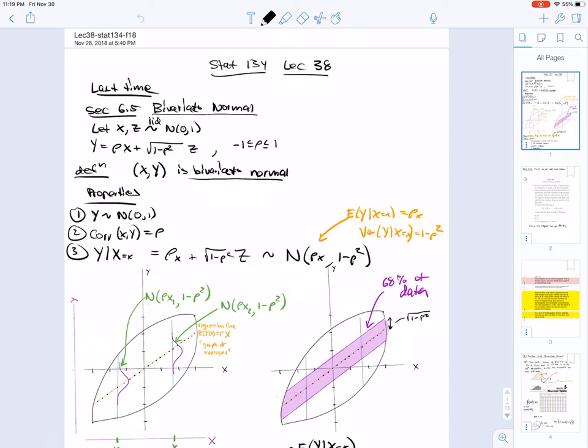Remember that the bivariate normal is constructed by having two IID standard normals, which we look at their joint distribution in the plane, and we rotate that plane by minus theta, and then the x-coordinate of the rotated point, which we called x theta before, which we're now going to call y, is cosine theta x plus sine theta z.